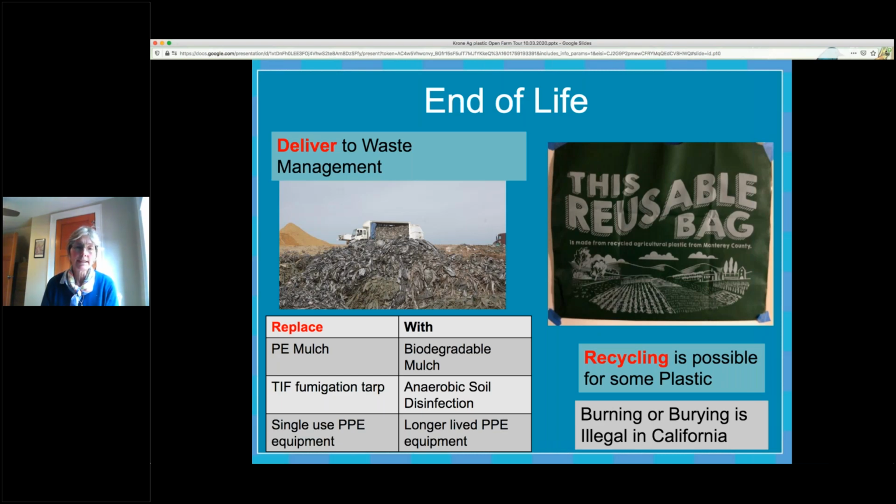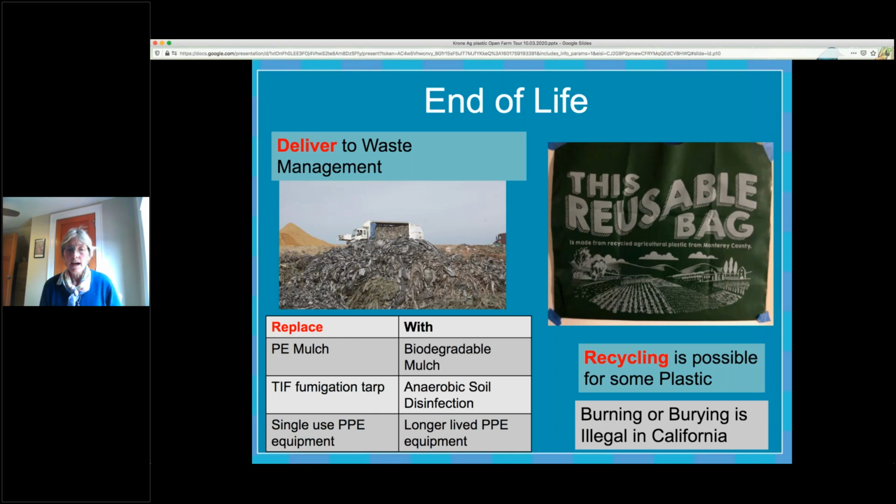Half of it was drip irrigation tubing and half of it was polyethylene mulch. Drip irrigation tubing can be recycled. It's very difficult right now to recycle polyethylene mulch, but hopefully we can reduce the amount of drip irrigation tubing going to waste management by sending it to recycling.